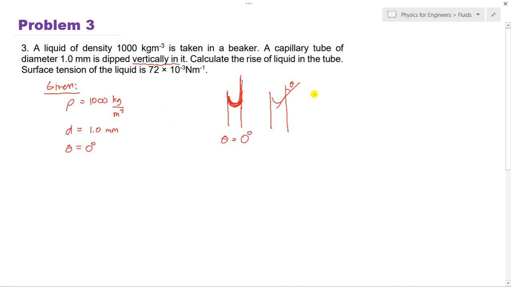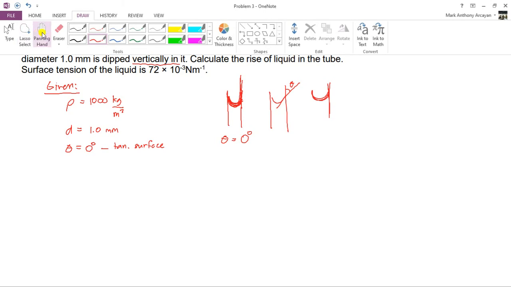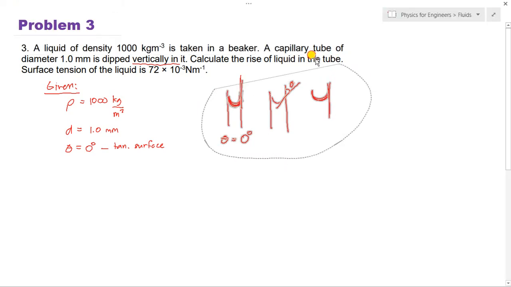So the surface of the water has a tangent along the surface of the capillary tube. Okay, so again, the angle of contact is 0 degrees.